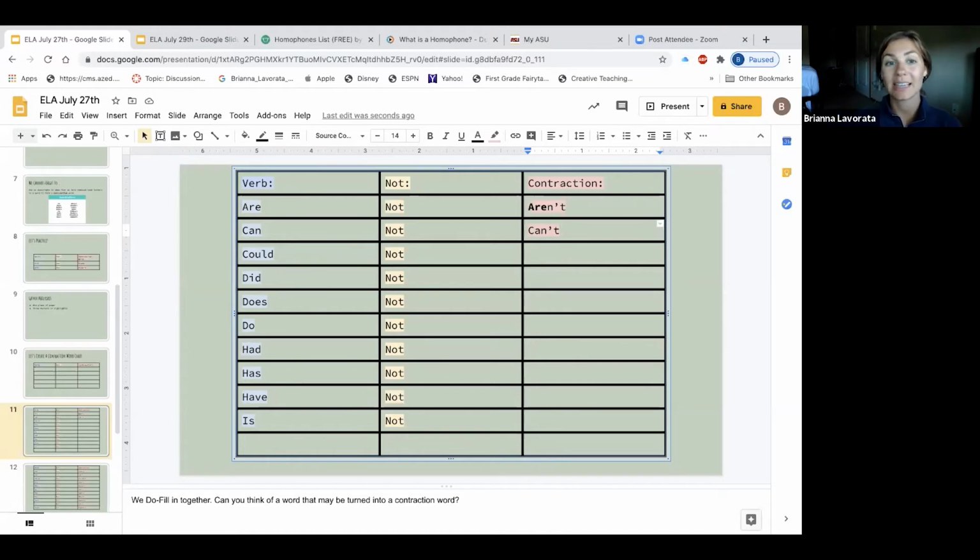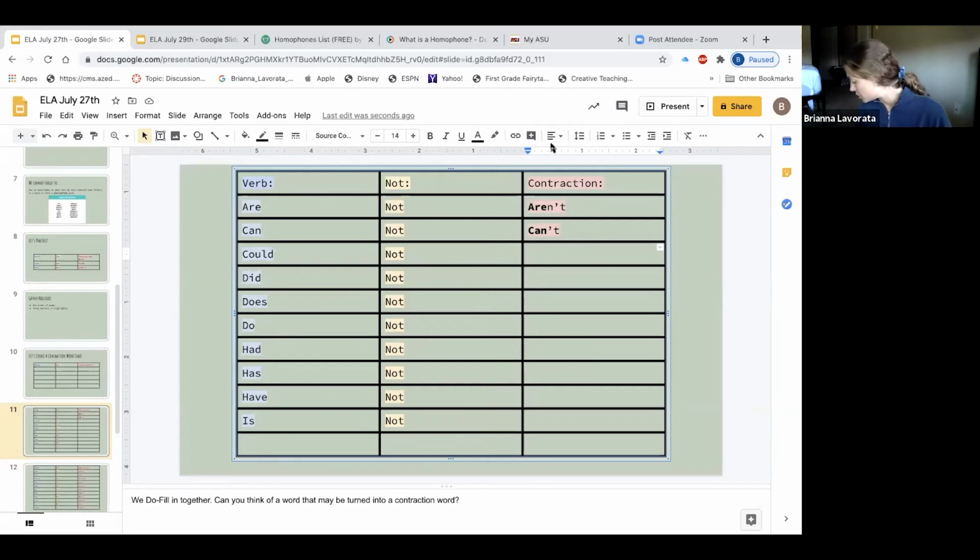So the word cannot translates to can't, right? We combine the word can with the word not. We have can't. All right, I will go ahead and write that one on my chart with you guys. Can't. Just like this. Can't.